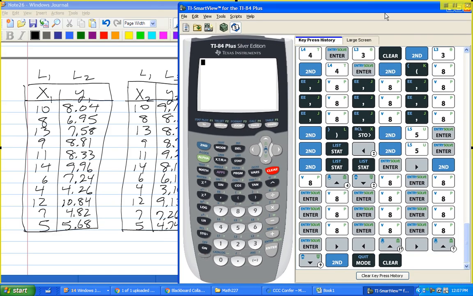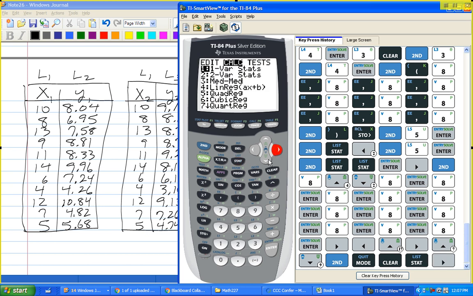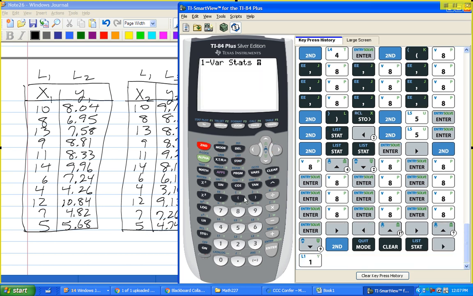Okay, so let's figure out the mean. Stat, L1, one-var stats of L1. If I look here, the mean is 9.